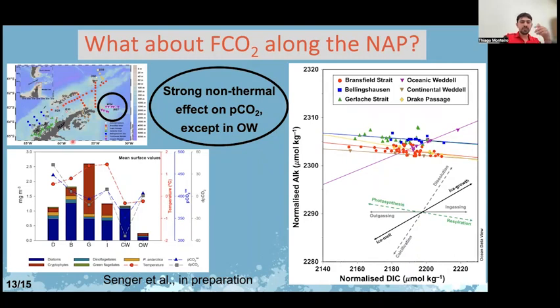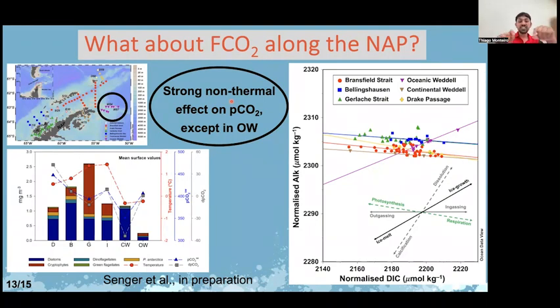So, for example, on the top left, we have the map of the Northern Antarctic Peninsula, and we have a lot of data along the Northern Antarctic Peninsula in different regions. And what we can see is that all of the regions along the Northern Antarctic Peninsula are strongly influenced by the non-thermal effect on the pCO2.